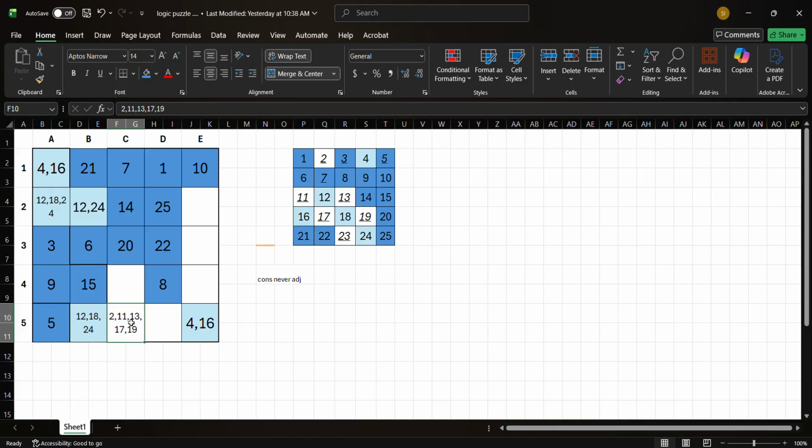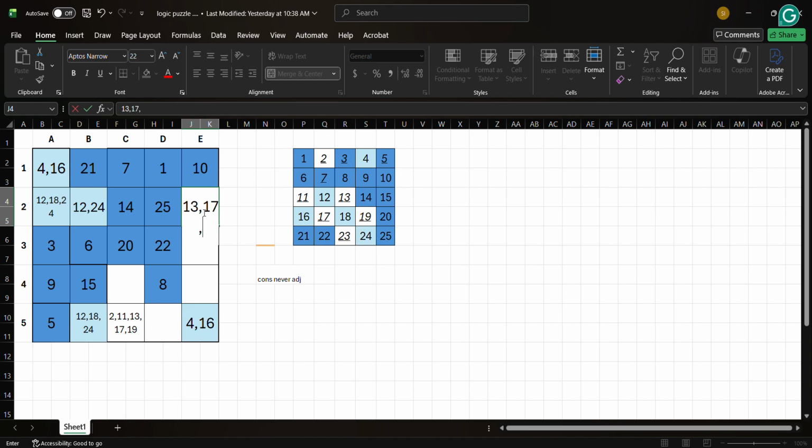Now, I'm thinking, let's go here because we know more about this section. So it can't be a 2 because the 1's adjacent. Can't be an 11 because the 10's adjacent. Could it be a 13? I think it can. 17, I think it can. 19, yes. It can't be a 23 because the 22 is adjacent. So it's actually only 3 numbers, which is not too bad.